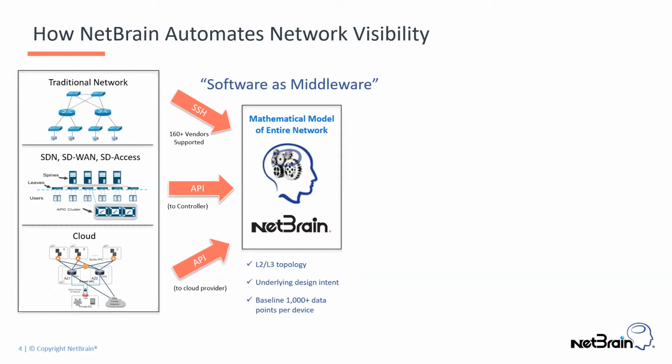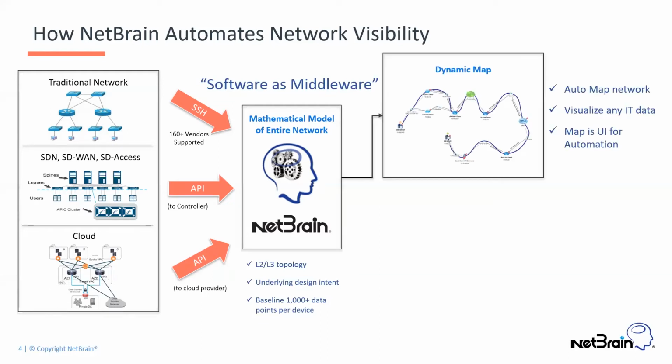So this data model provides the foundation for automating visibility for any network from any visible angle. And what this does is put the machine in the role of middleware, where it belongs, right? Enabling the human engineer to be the driver. This in turn powers NetBrain's two key technologies for visibility and automation.